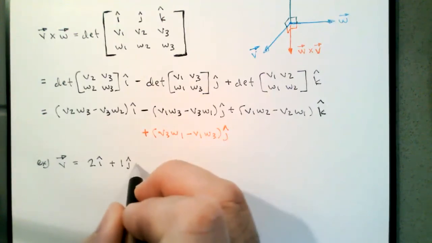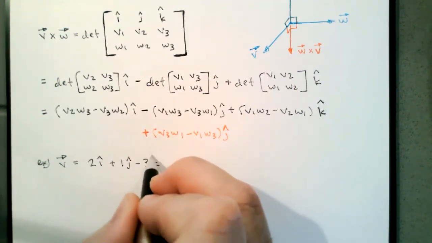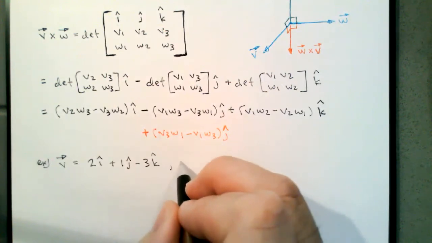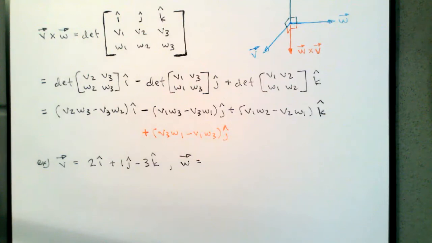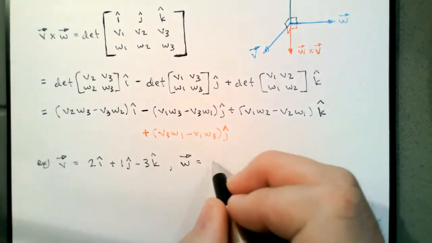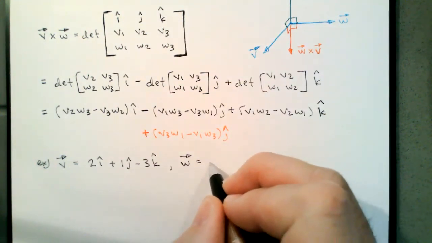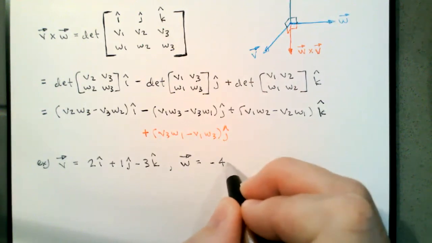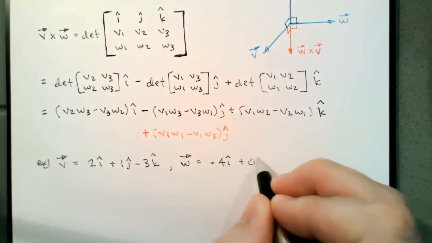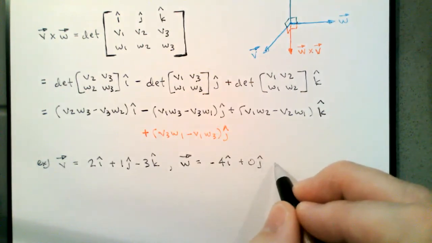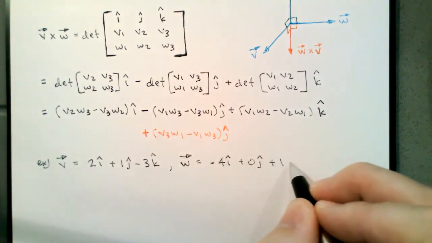We don't normally write the 1, but. And W will be negative 4i. Let's go with 0j and plus 1k.